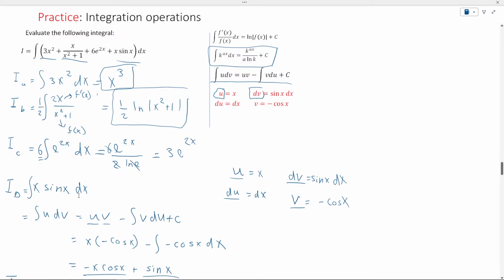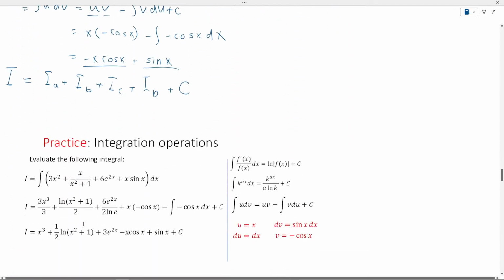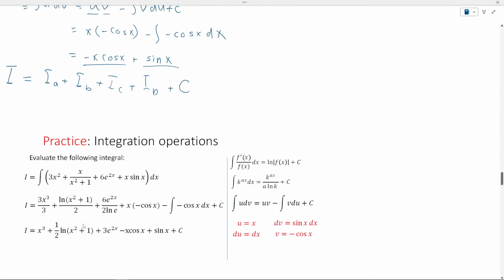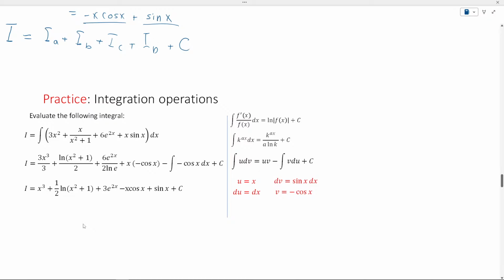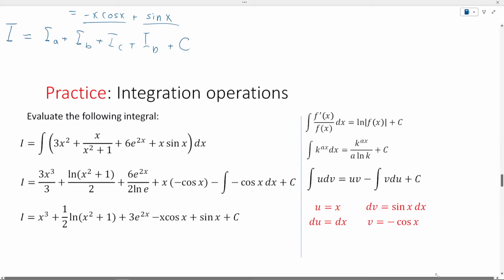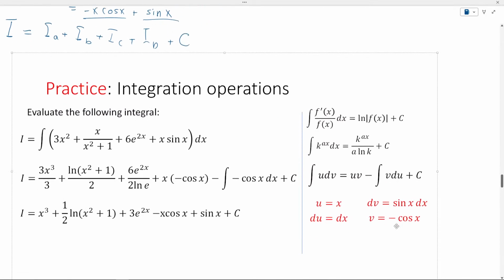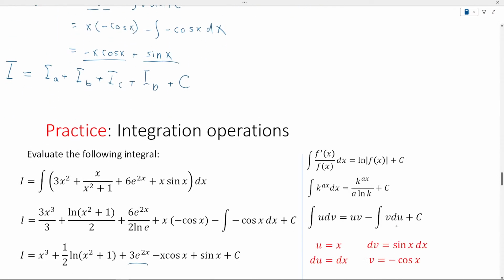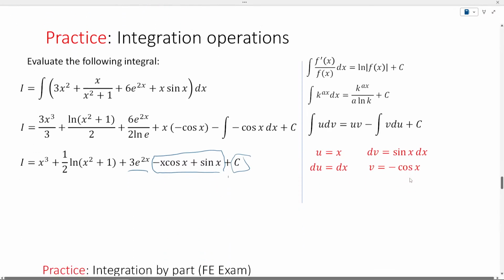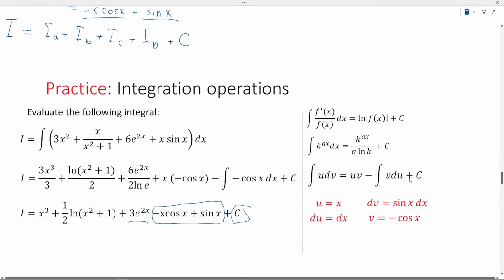I have 3 x to the power 2, which is this guy here. And then finally, I have negative x cosine x plus sine x, which is my fourth term, and plus a constant. Okay. So that was a good practice.